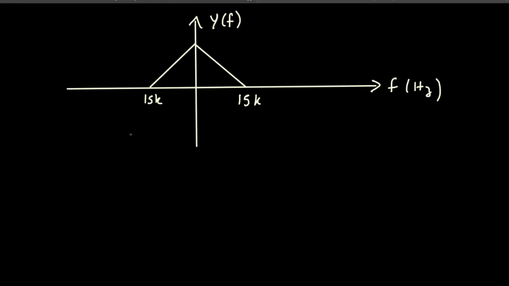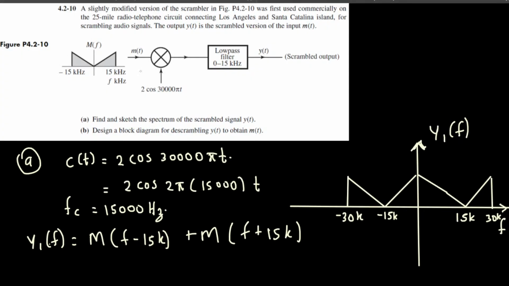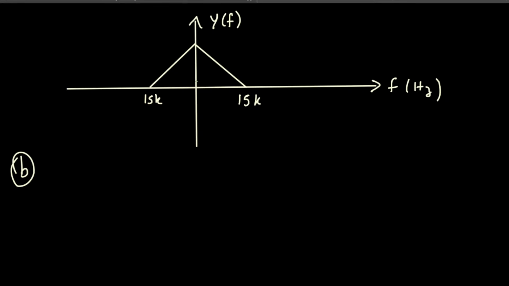So we bring this diagram again, and we have to apply something to this one to bring the initial diagram back. This is the initial diagram. To bring this one back, what we can do is send y of t through a double-sided signal, and here we have to think about the frequency.